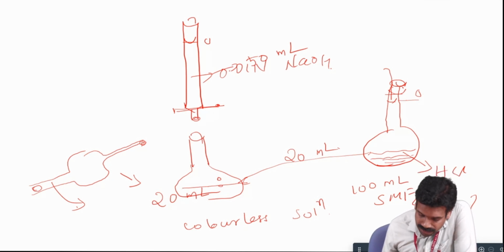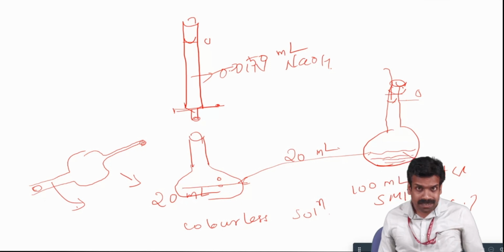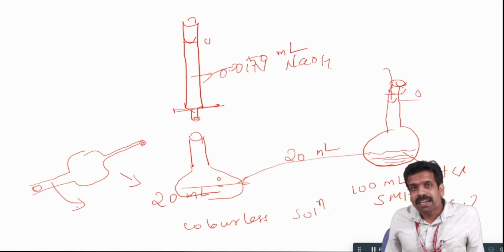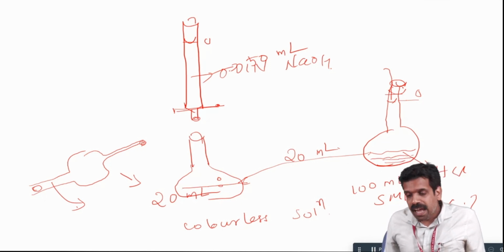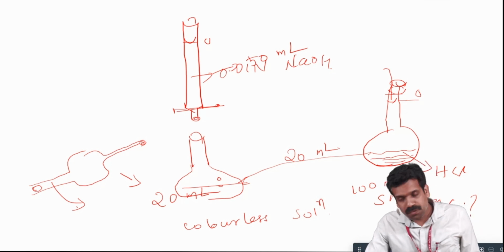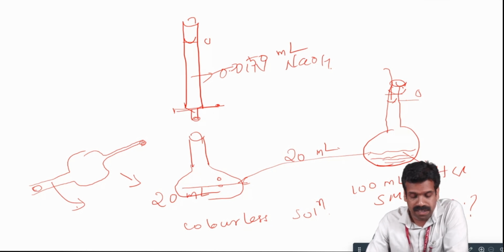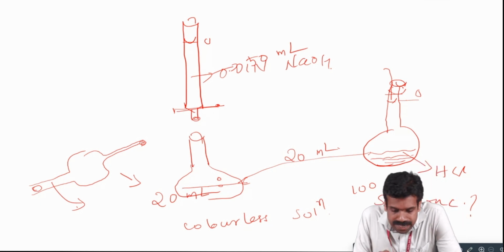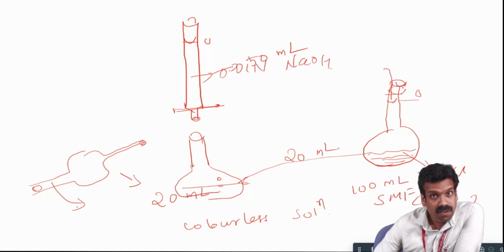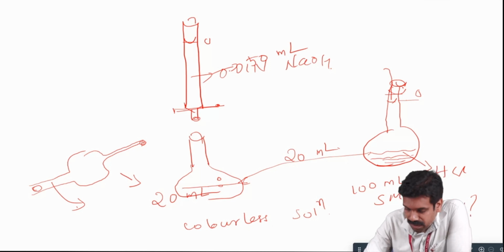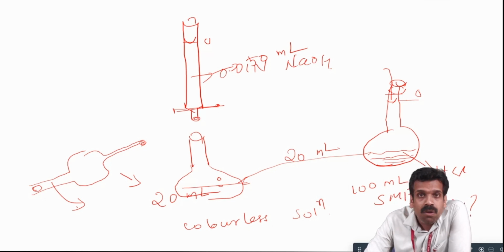Here I can call the NaOH solution the standard solution because I know its concentration. And the unknown solution is, of course, the HCl solution. The concentration is unknown, which I want to find out. Titration is a technique used for finding the concentration of the analyte solution. Remember that always.